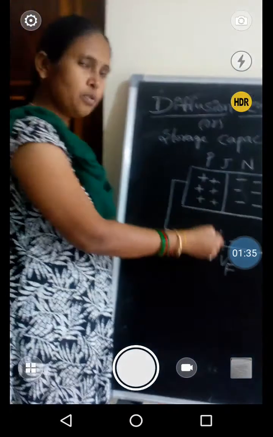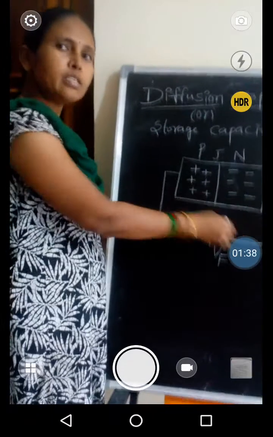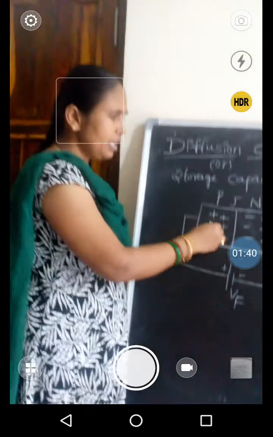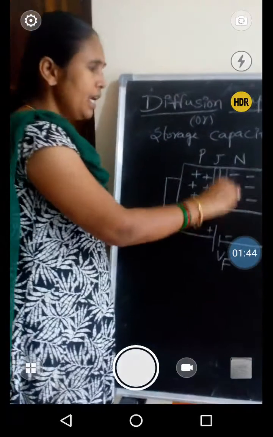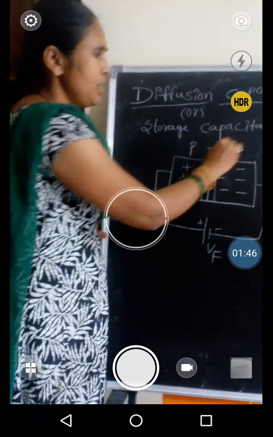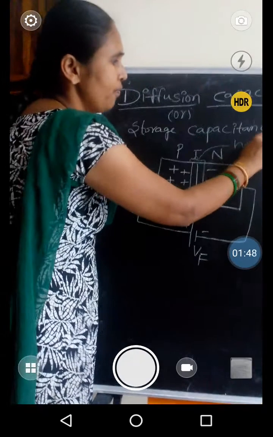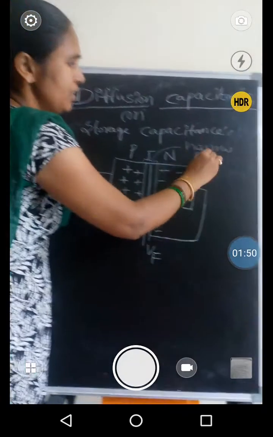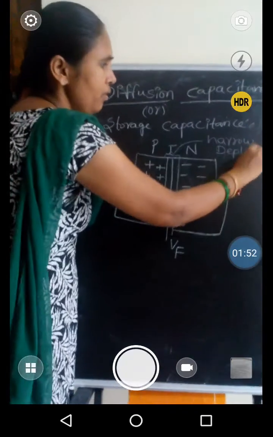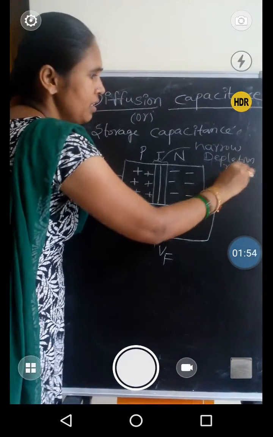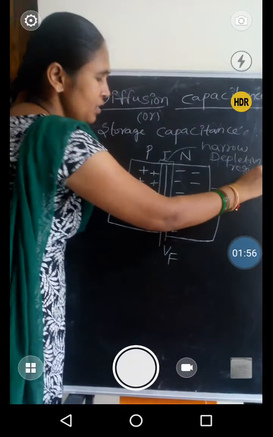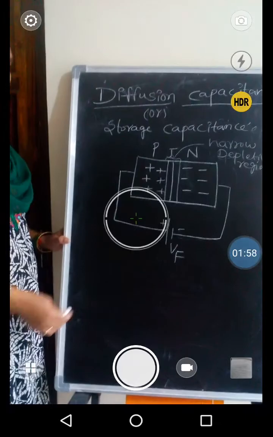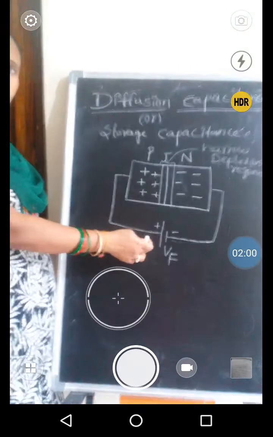Positive, negative means repelled. Then the width of the depletion region decreases. Decreases means a narrow depletion region.